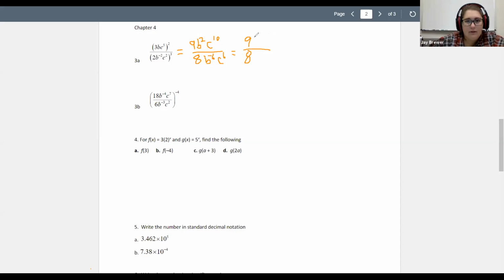B to the 8th, very good. And when we're dealing with exponents, whoever has the higher exponent, that's the position that it keeps. So c to the 10th over c to the 6th, we're just going to subtract them. We get c to the 4th. Okay. And that answer is done.